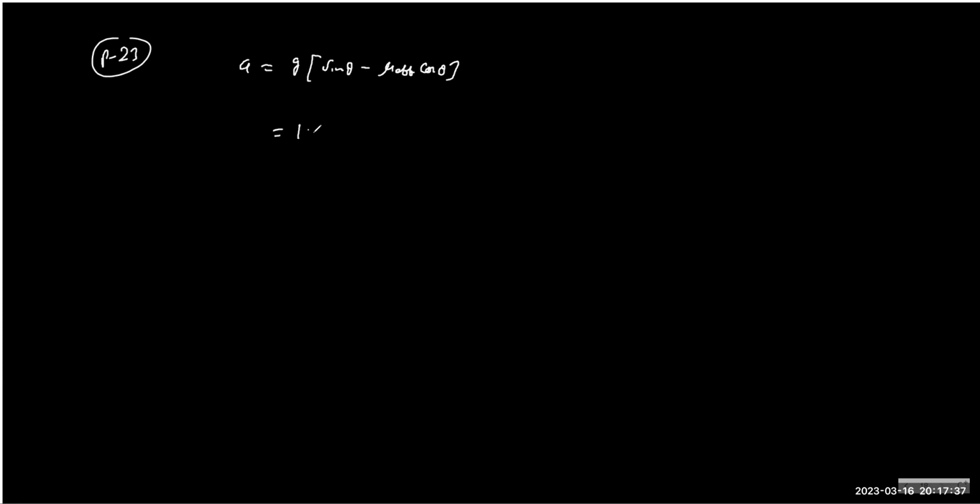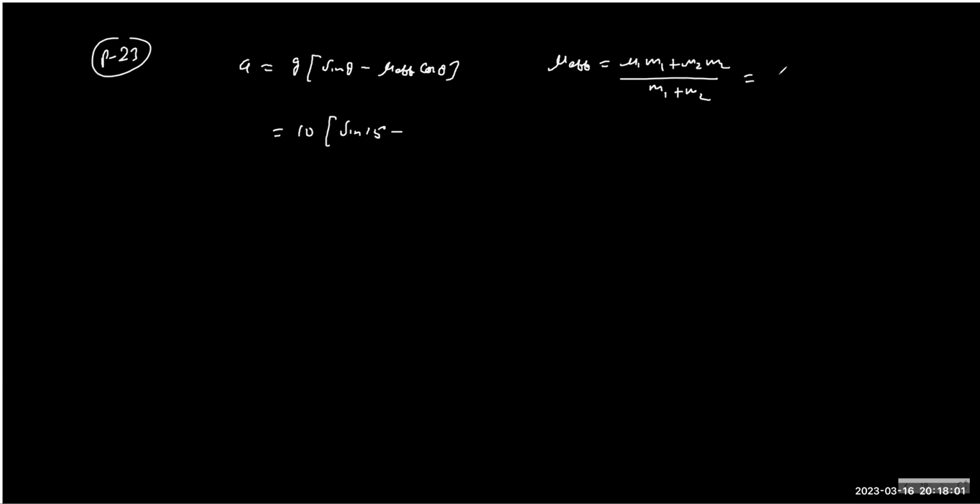The g is how much? 10. Sir, 10, given. Okay, sin 15 minus what is mu effective? I think you know how to find the mu effective. Mu1 m1. Have they given the value of mu1, mu2? Yes or no? Yes, sir. How much is mu1?